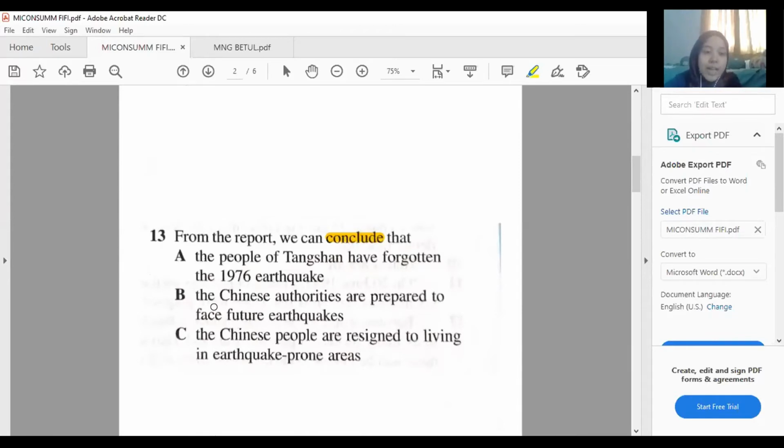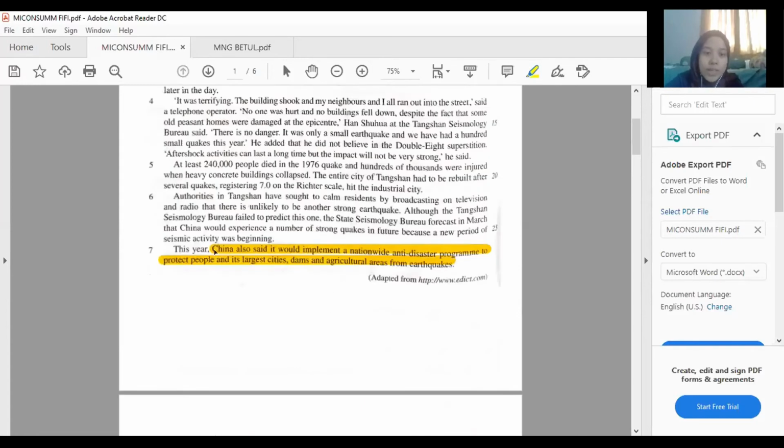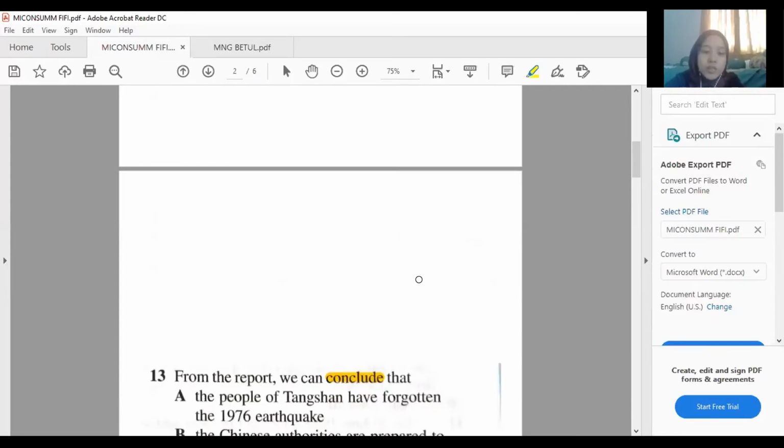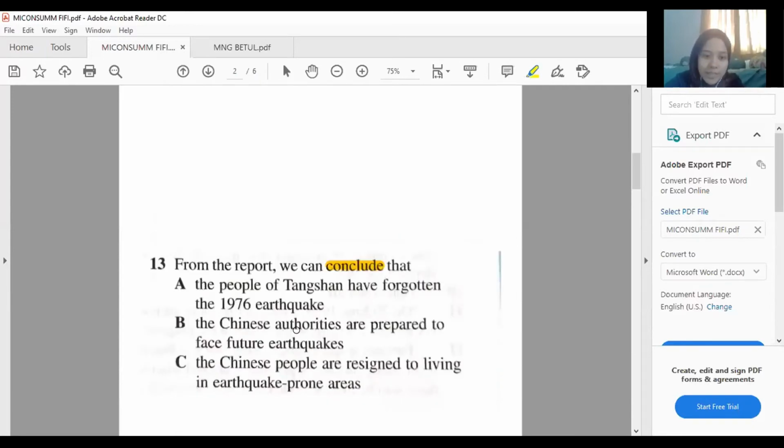And the Chinese authorities are prepared to face future earthquakes. As we can see here, the last paragraph says China will implement a nationwide anti-disaster program to protect people in its largest city, dams, and agricultural areas from earthquakes. So it is paraphrasing this one, the B option: the Chinese authorities are prepared to face future earthquakes.